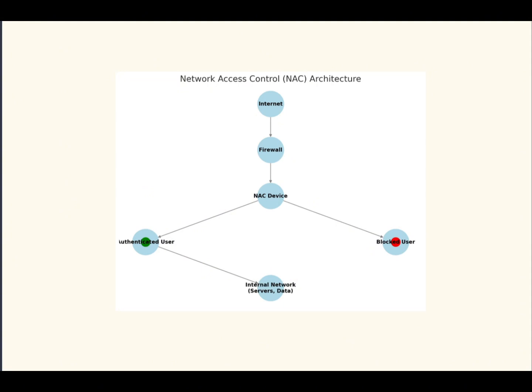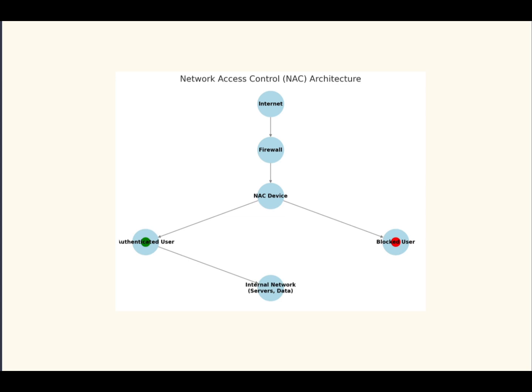So, what are the key functions of NAC devices? Authentication and authorization verifies the user before granting network access, using passwords or other authentication methods such as biometrics and certificates. The second thing is device compliance check.